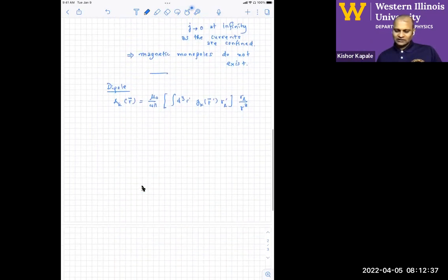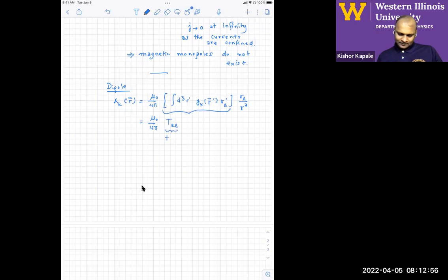Any questions anybody has so far? You're okay with this way of writing things down? Okay, and then we saw that this can be expressed in terms of a tensor T_kl, which is this quantity. That is the property of the current distribution.